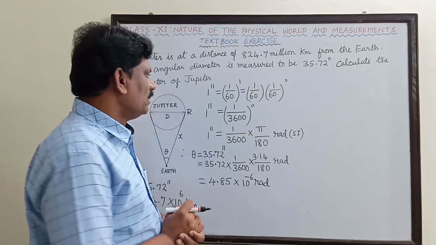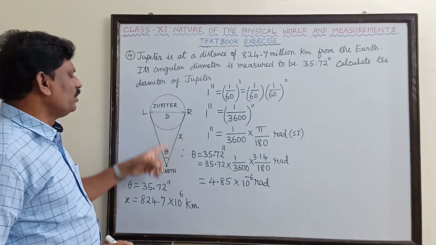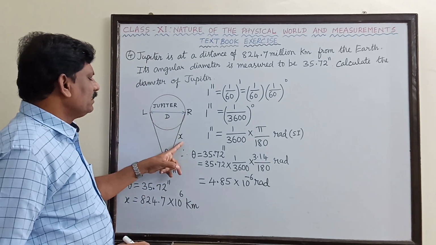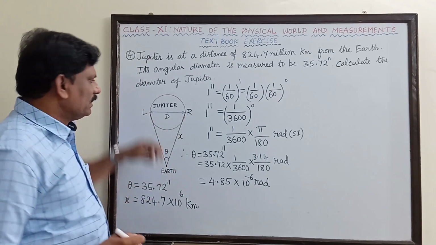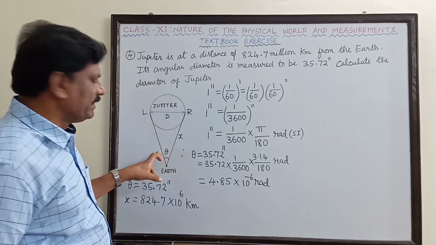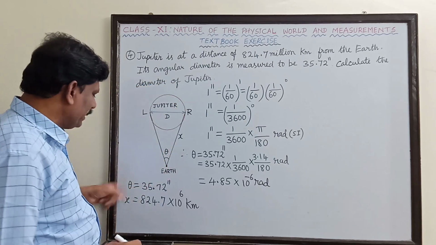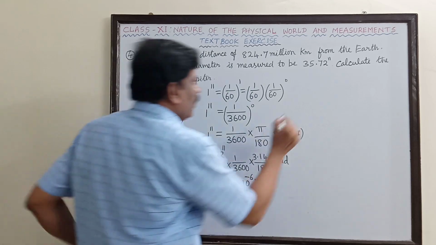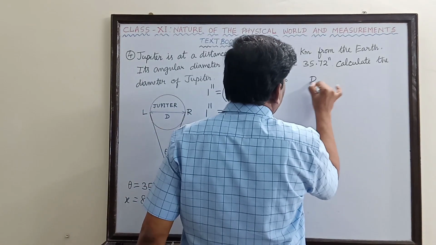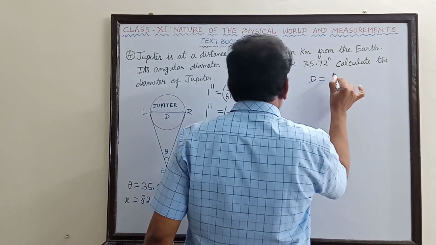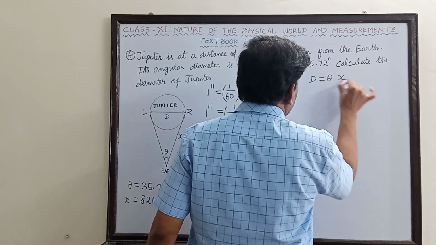Okay, children. Now what is the relationship between this d, x and theta? This diameter d is equal to x into theta, is it not? We have to multiply the two quantities. So here diameter d is equal to theta into x.